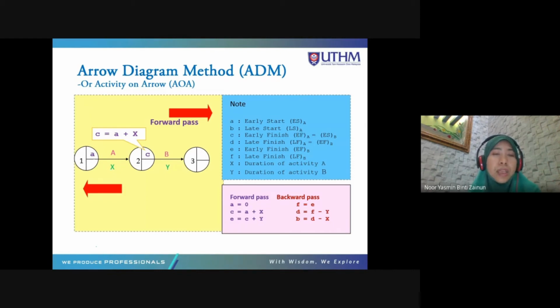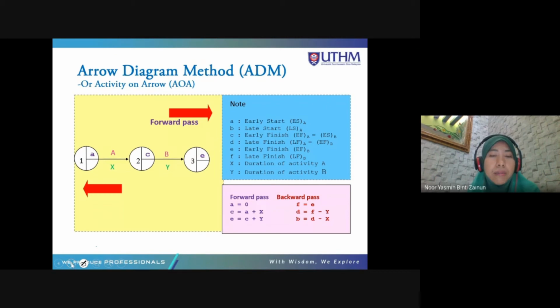Early start plus the duration, you will get early finish, right? And then E is the early finish of activity B. How you count E is by adding C plus Y. Y is the duration of activity B. Then you will get E.